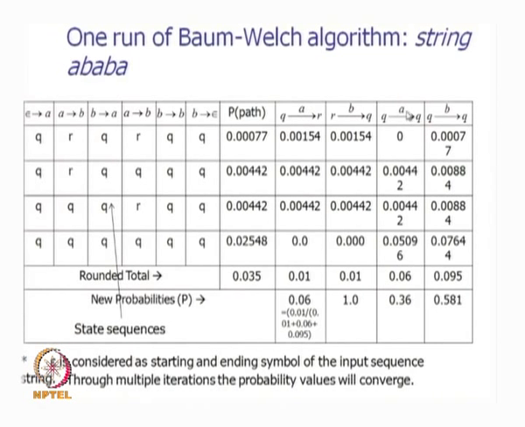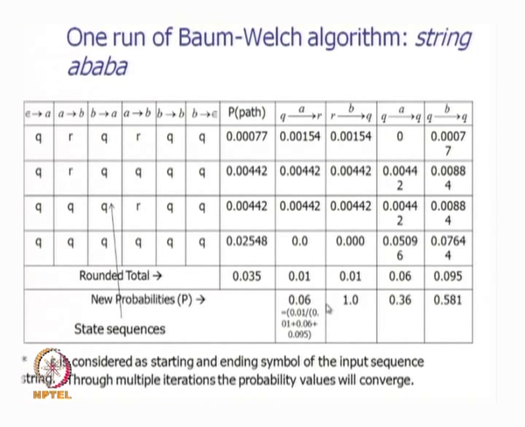The Q to Q similarly is normalized and we get the new probability as 0.36 and the new probability for Q to Q on B is 0.581. So, this is the new probability value after we have seen the observation sequence A B A B B, and if this was the only observation sequence, then after the first iteration these are the new probability values.